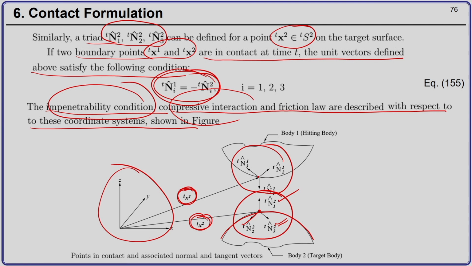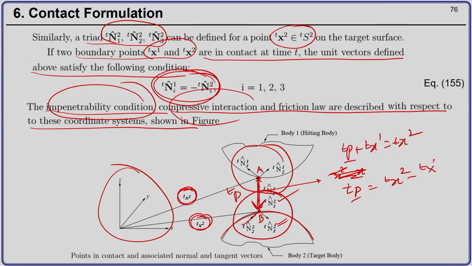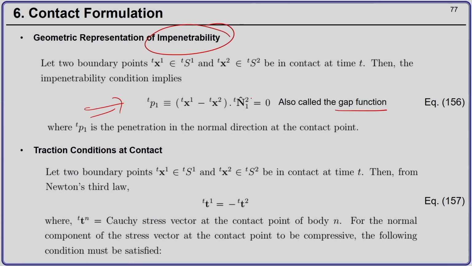Then this vector from A to B, let us say this is p, so p plus x1 will be x2. So, p equals x2 minus x1, and then if you take a dot product with the normal in this particular direction, you will get the penetration.